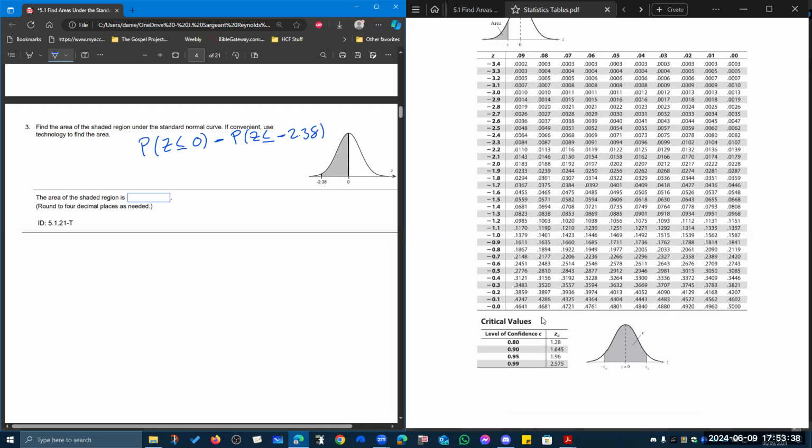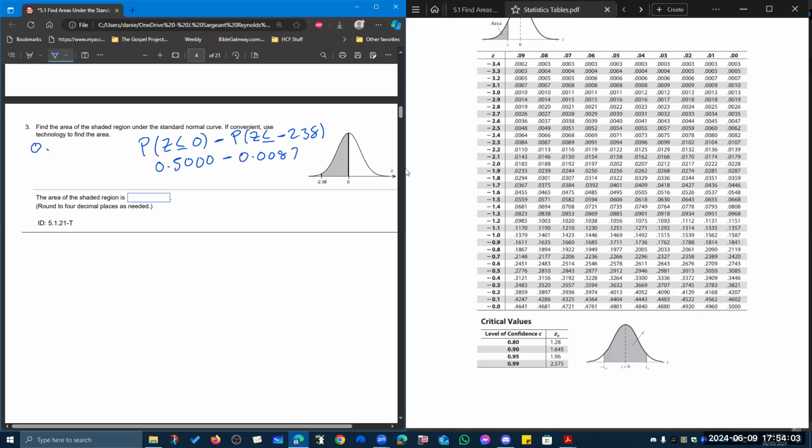I know less than 0 is half of the graph, so I'm going to put 0.5000. And then negative 2.38, negative 2.3, and notice it starts on the side with 9 here. So this is 0.0087.